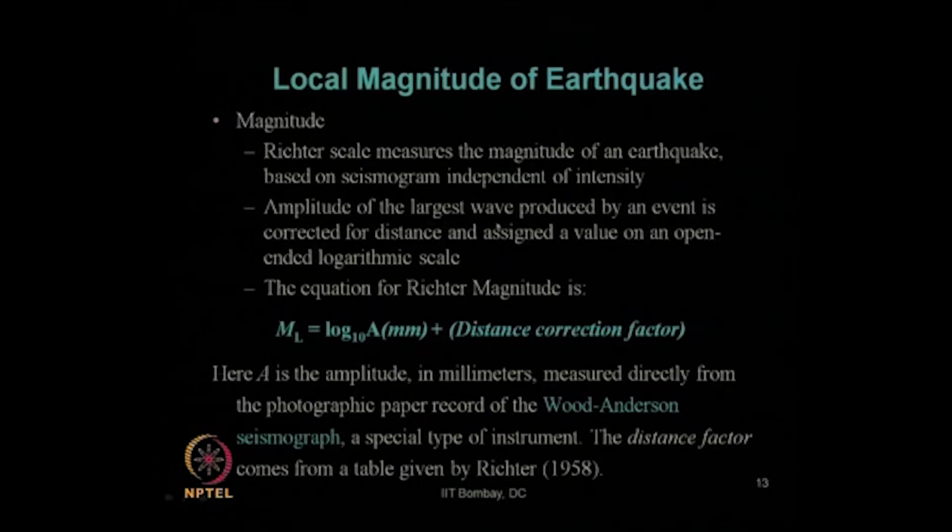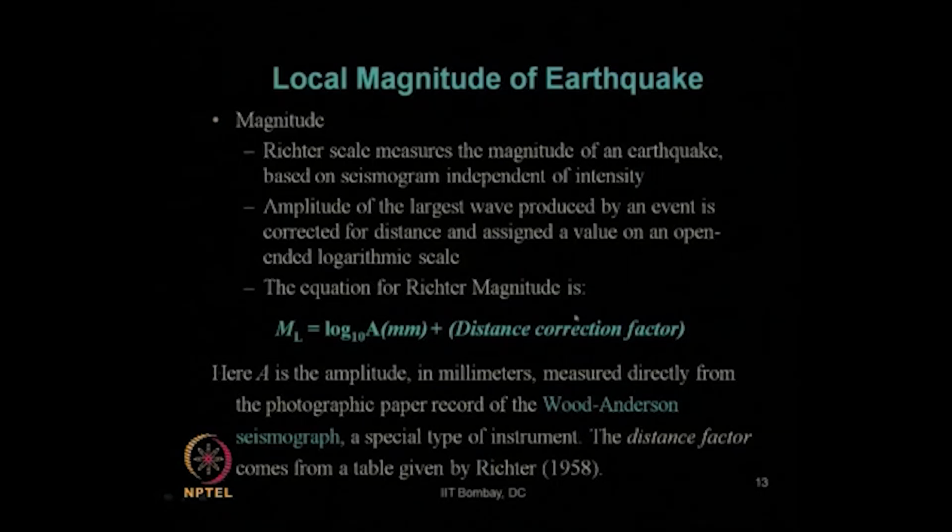The amplitude of the largest wave produced by an event is corrected for the distance and assigned a value on an open-ended logarithmic scale. So, that is how it is estimated. Whatever we have estimated in the seismogram, the largest or maximum value of the amplitude, we have to take to compute the Richter scale of earthquake magnitude.